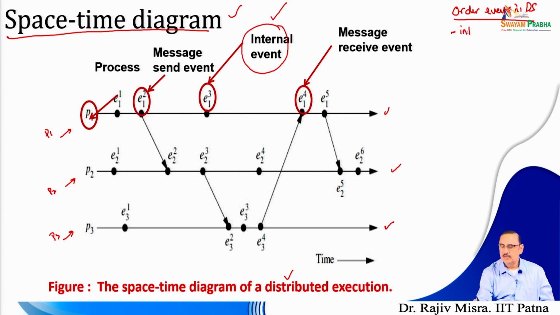Similarly, for process 2, the internal events will be event 1, 2, 3, 4, 5 and 6. Similarly, for process 3, the internal events are 1, 2, 3, 4 and so on. So, we have seen the internal events of processes P1, P2 and P3.